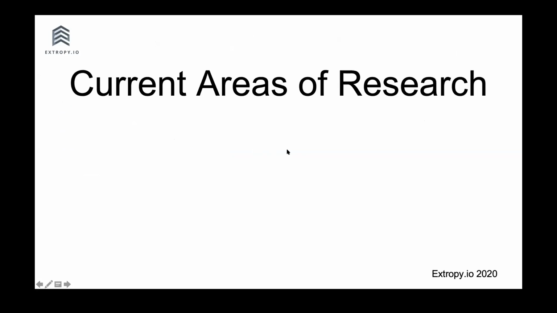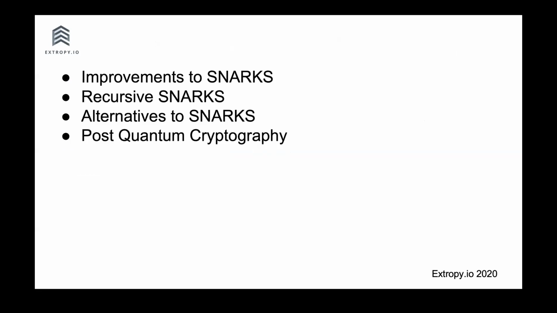If you look quickly at the areas of research, people have been trying to improve the way SNARKs work since really the major breakthrough happened in 2016. Got some interesting ideas around recursive SNARKs. As I say, there are also alternative zero-knowledge proof systems other than SNARKs, and people are starting to look particularly at post-quantum cryptography because SNARKs, for example, do rely on some assumptions that will be affected by quantum cryptography.